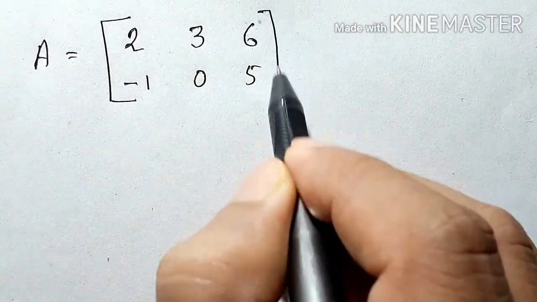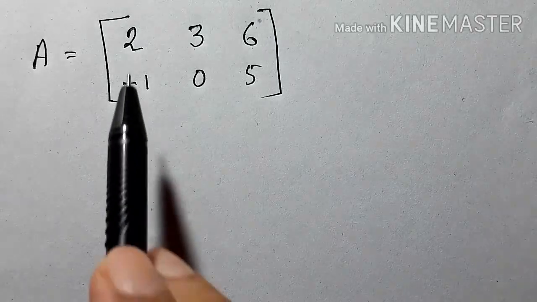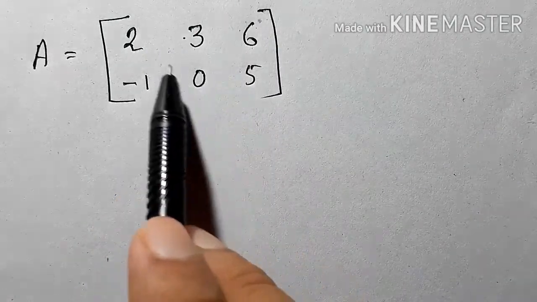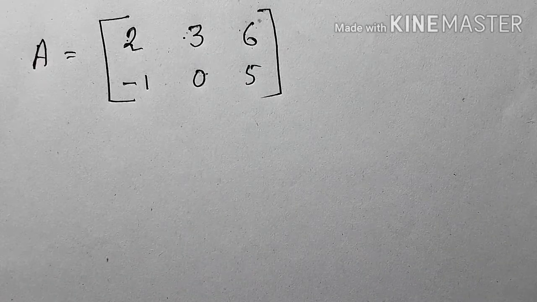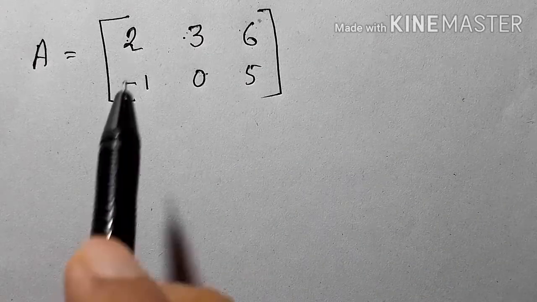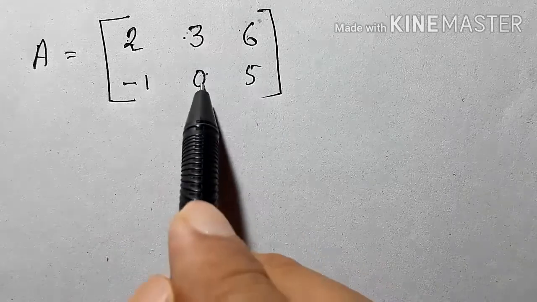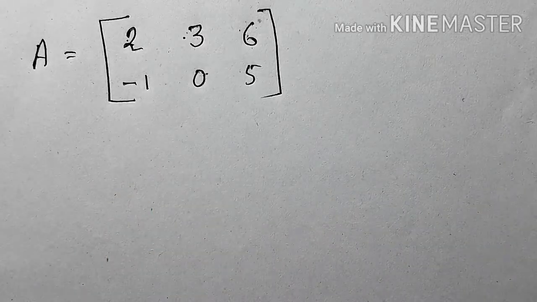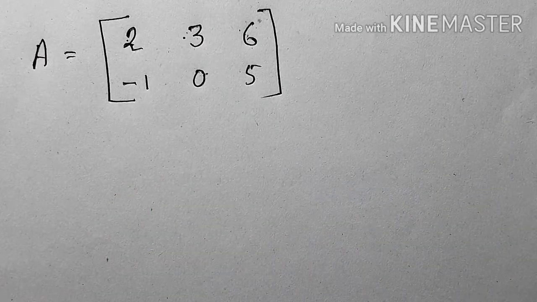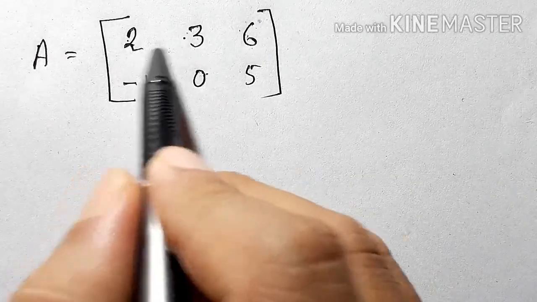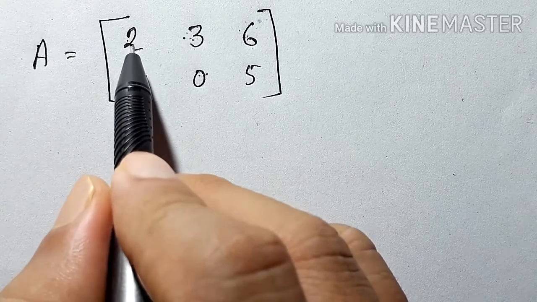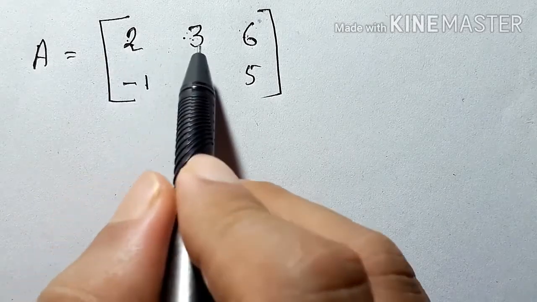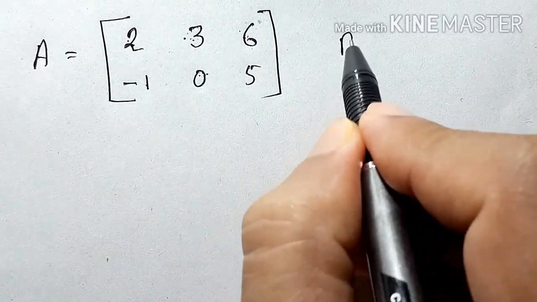Like this, and the numbers here are the elements of the matrix. These numbers are known as elements of the matrix, and in case of unknown numbers, a small letter is used like this.